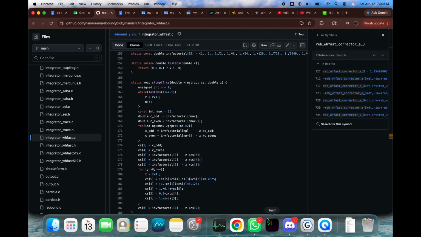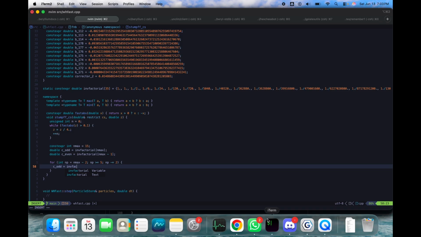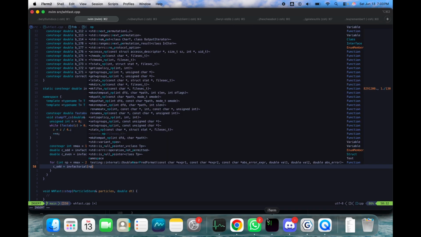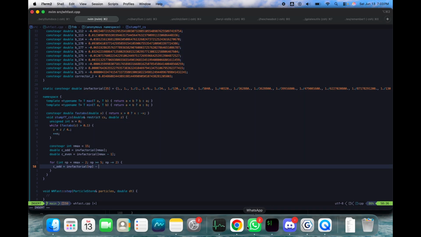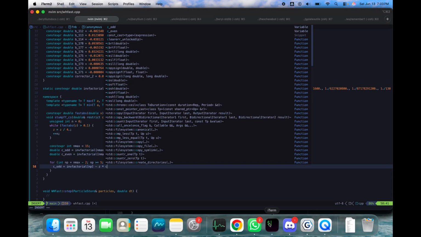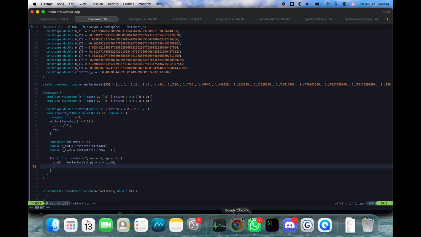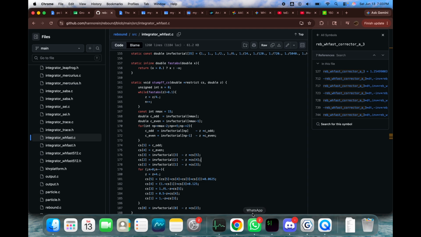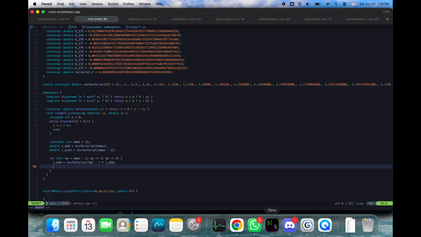C odd equals inverse factorial index np minus this z times C odd. And even is np minus 1 minus z times C even. Yeah, okay.